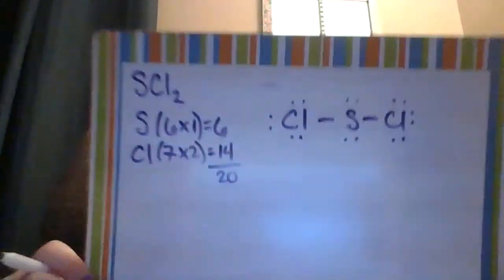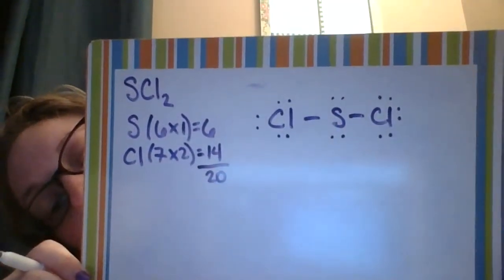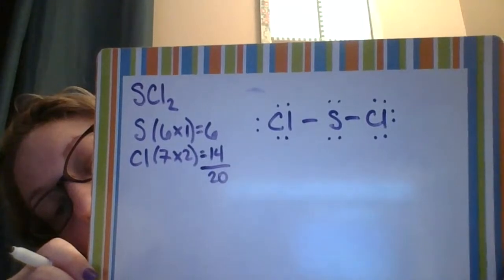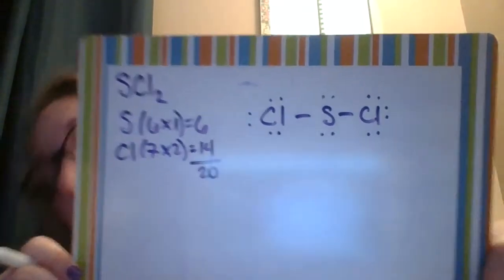So we're going to add those 4 to sulfur, giving it 2 lone pairs and 2 chemical bonds to complete its octet. So this is what it looks like. But we can go a step further and make a double bond between sulfur and chlorine on both sides by distributing those lone pairs.